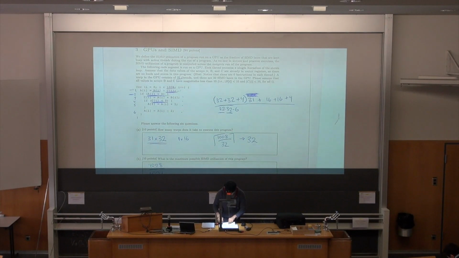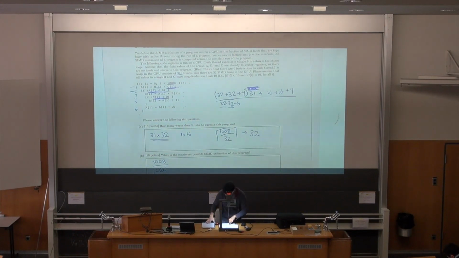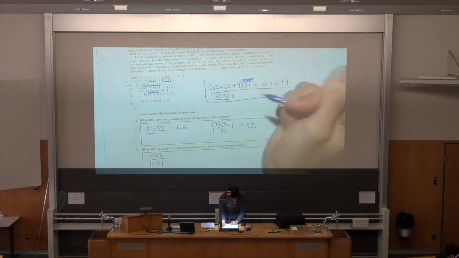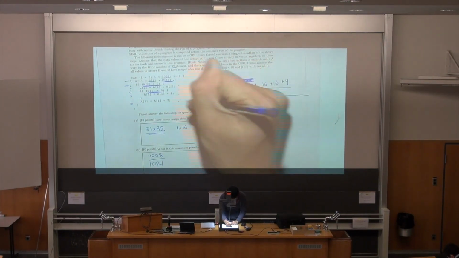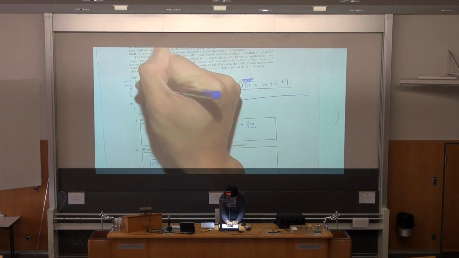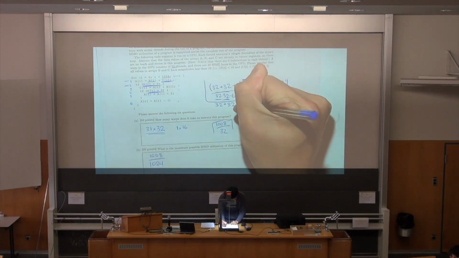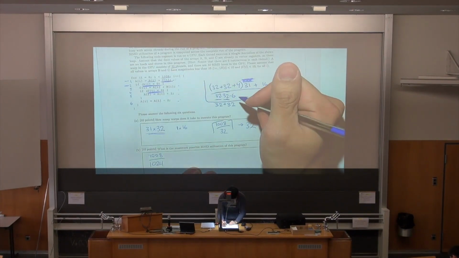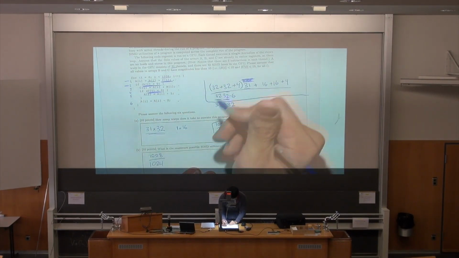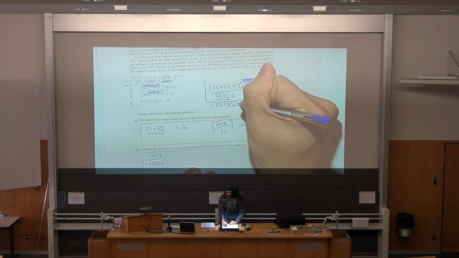To calculate this, let's see, you'd have all of your instructions here. So you'll have 32 instructions here, plus another 32 threads here, 32 threads here, and then you multiply that by the number of warps that have this many threads executing.